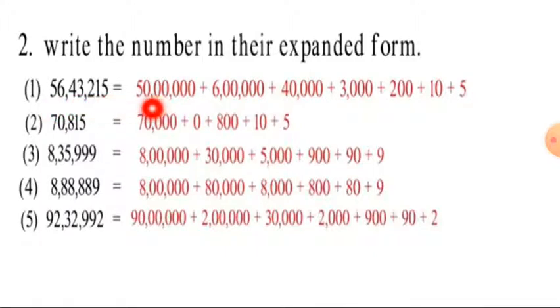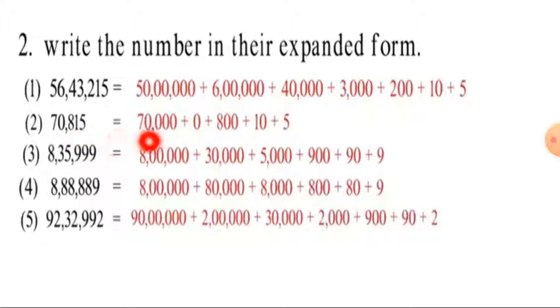So how will you expand it? 50 lakh plus 6 lakh plus 40,000 plus 3,000 plus 200 plus 50. This is the way you will write the expanded form of this number. Understood, students?